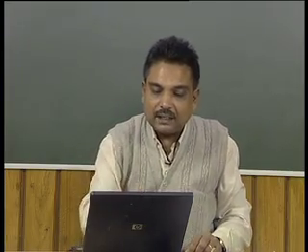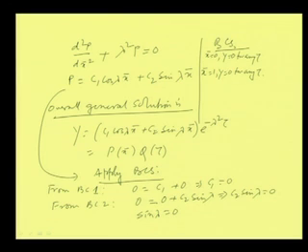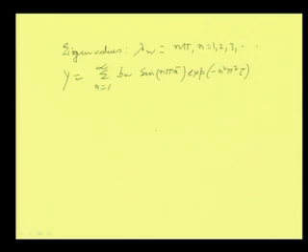All these values are summed up to give an expression like this: summation for n equal to 1 to infinity, b n sin n pi x bar, exponential minus n square pi square into tau. That becomes the general solution.